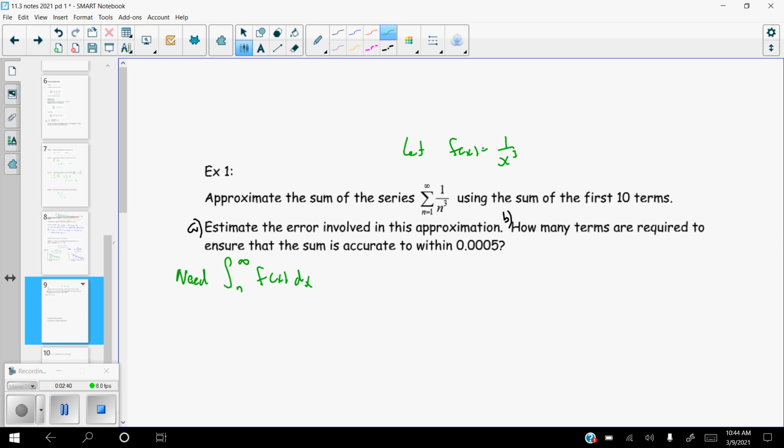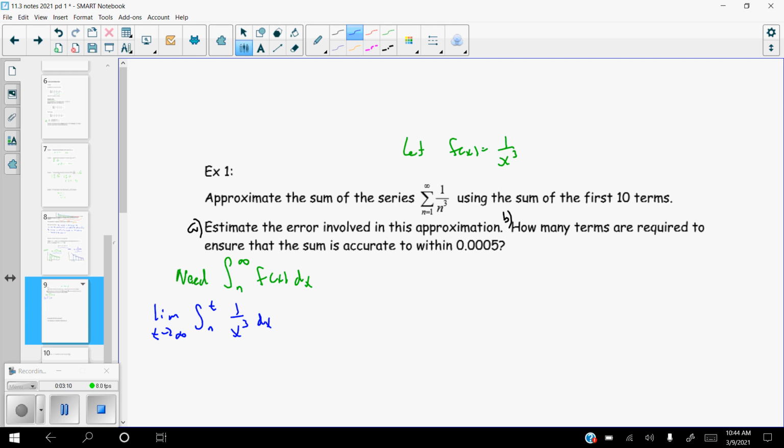If I'm going to take this estimation for our remainder as the integral from n to infinity, it's improper, which means that we need to do an improper integral. So let's take the limit as t goes to infinity of the integral from n to t of f of x, which in this case is 1 over x cubed dx.